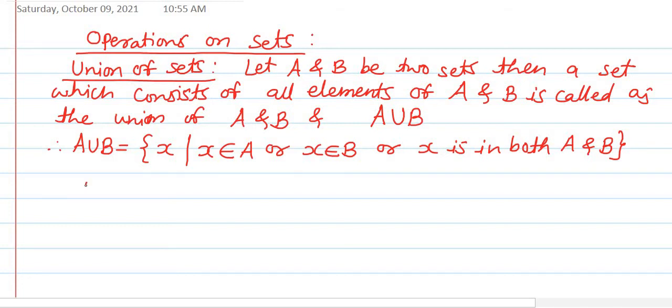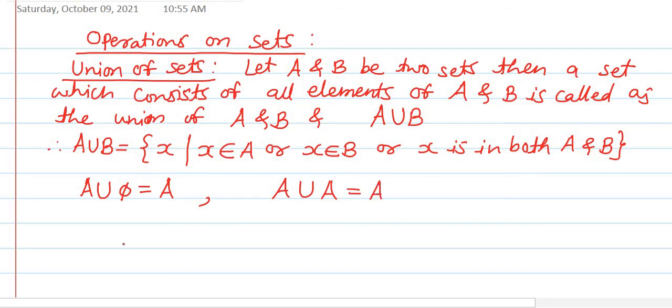From the definition, it is clear that A union empty set is equal to A. If A is any set, then union of A with the empty set phi is always A. Next, union of any set with itself is equal to the set itself.